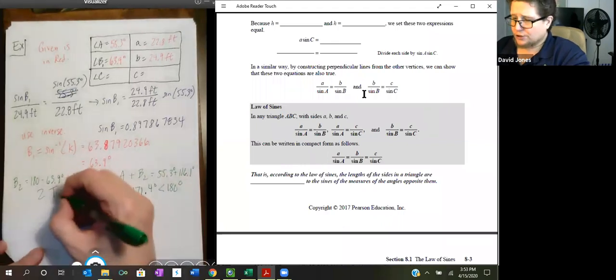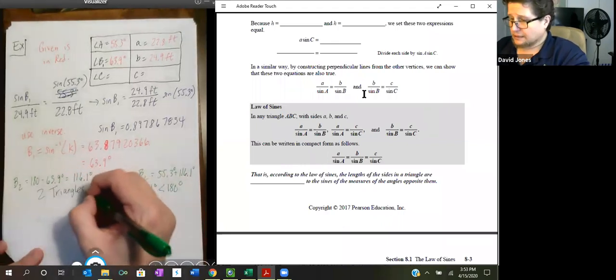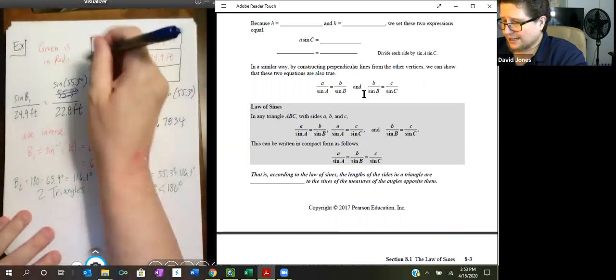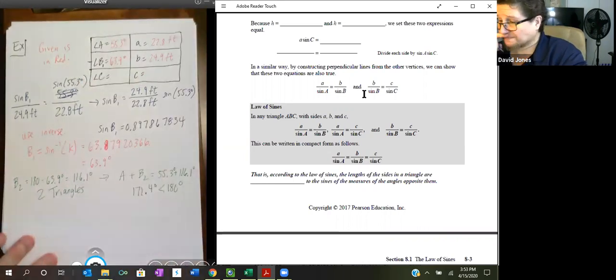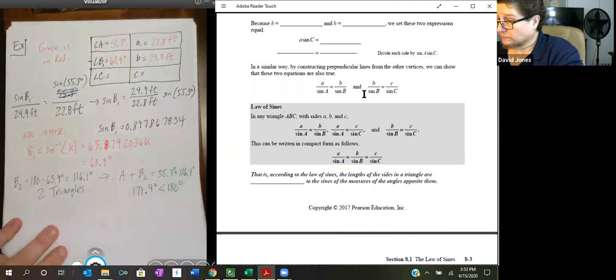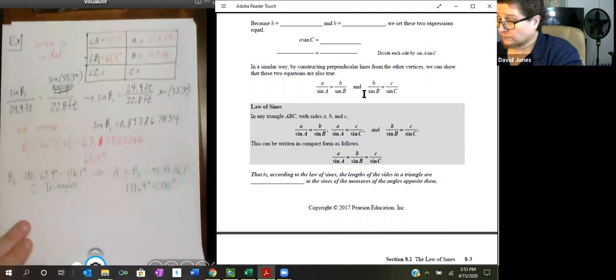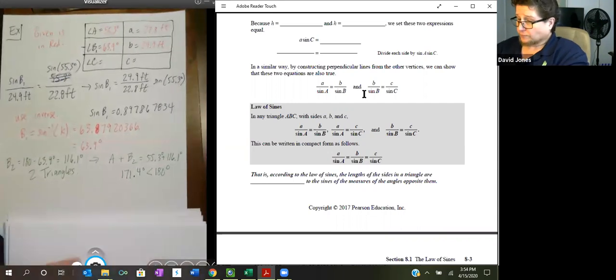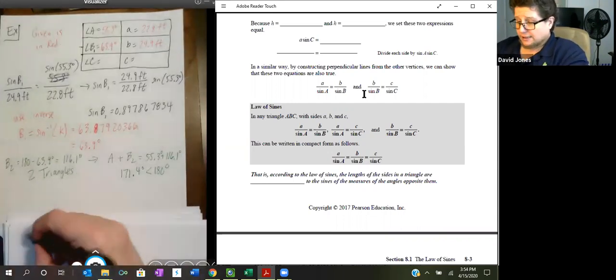There are going to be 2 triangles. So maybe I'll set up another box over here. I'll set it up on the next page where we're going to calculate it. Second triangle.